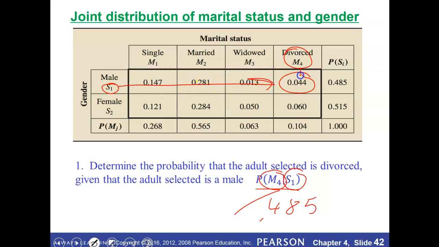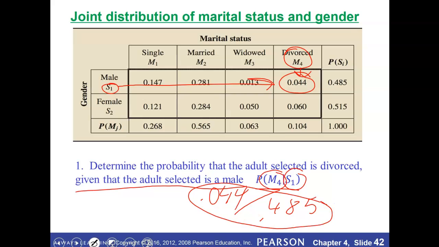That's this joint probability, which is 0.044, divided by the males, given that you're a male. That's the 0.485. If we divide these two decimals, we get the conditional probability that you are divorced given that you're a male.